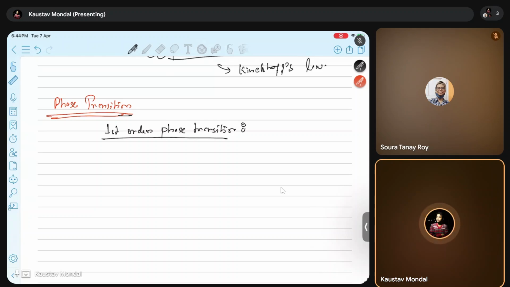The examples are melting, freezing, sublimation, boiling, condensation.